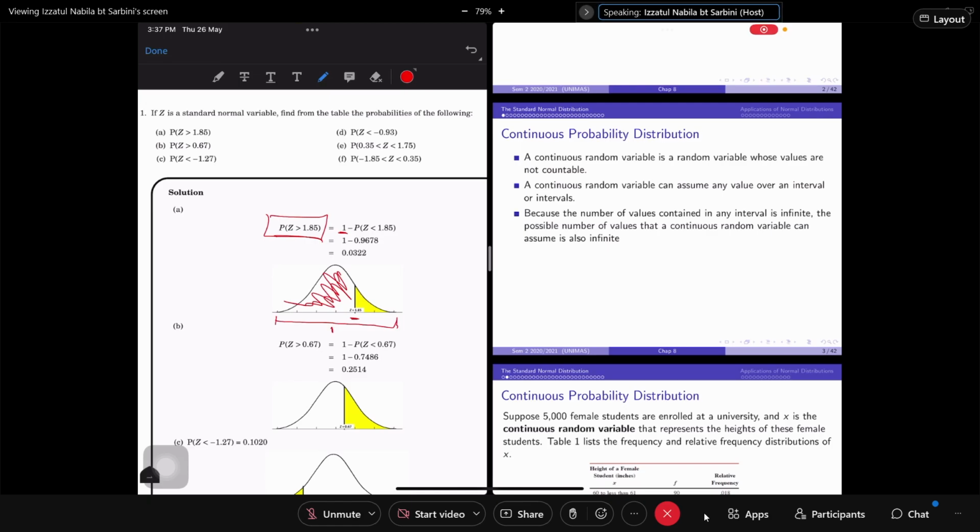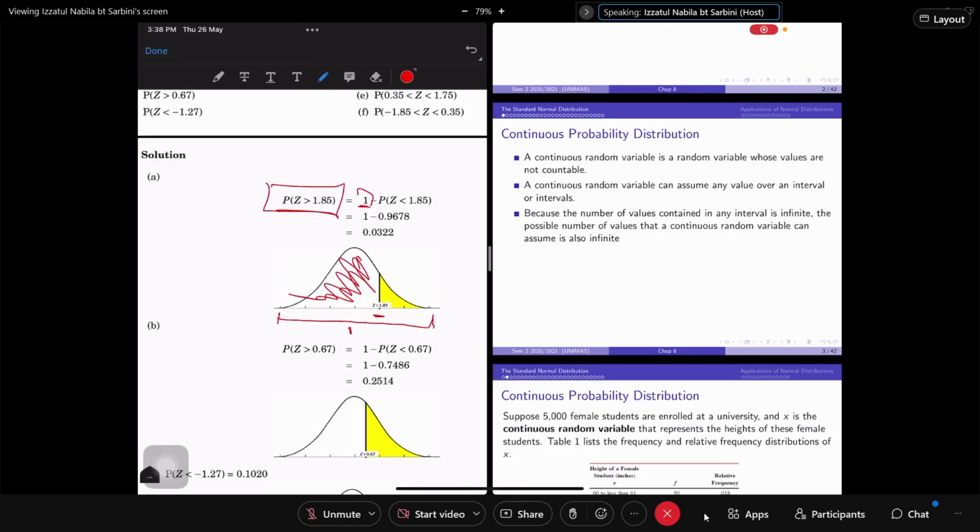Remember that the area under the graph is actually the probability, so the total probability is equal to 1. When you refer to the table, it only gives you the probability to the left side. So whenever you want to find values for the right side, which is Z more than something, then you need to minus it from 1. Similar to question 1, that's why you minus from 1.